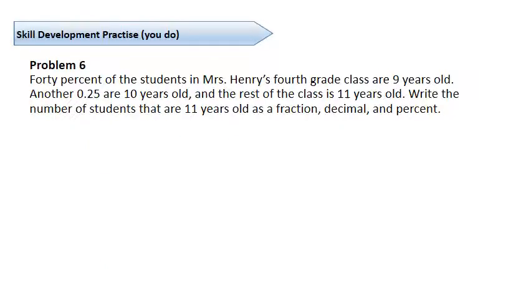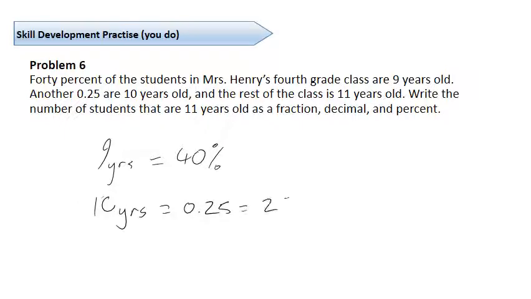Alright, problem number 6. 40% of students in Mrs. Henry's 4th grade class are 9 years old. Another 0.25 are 10 years old. So 0.25 straight to a percentage, times it by 100, 25%.